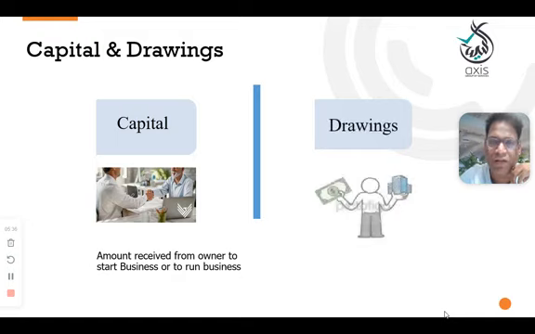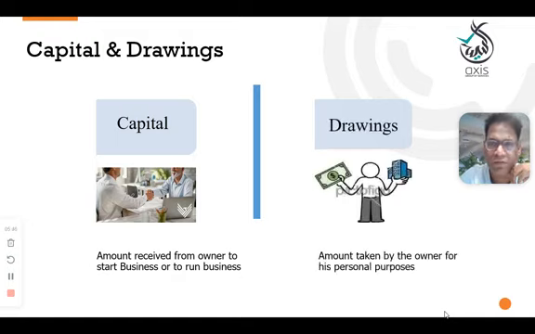And what is the meaning of drawings? Drawings means amount taken by the owner for his personal purpose. If an amount is withdrawn or taken by the owner for his personal purpose, you need to treat it as drawings. In the given questions, practical life is different and theoretical life is different. In the question, he will not mention the reason as personal withdrawal.